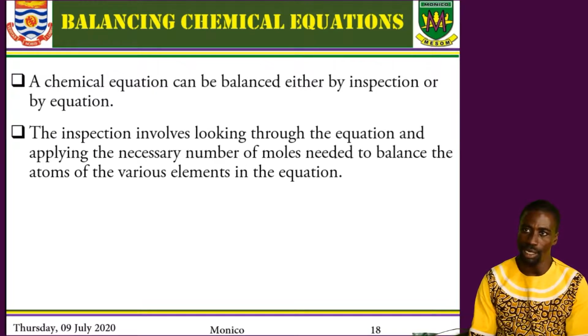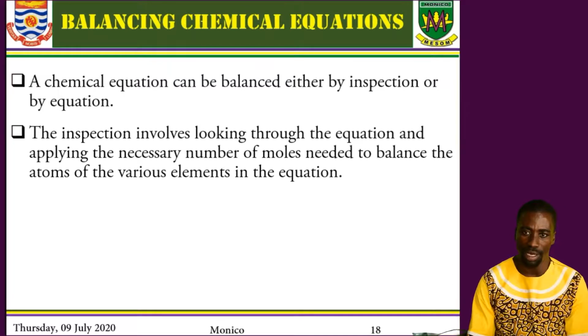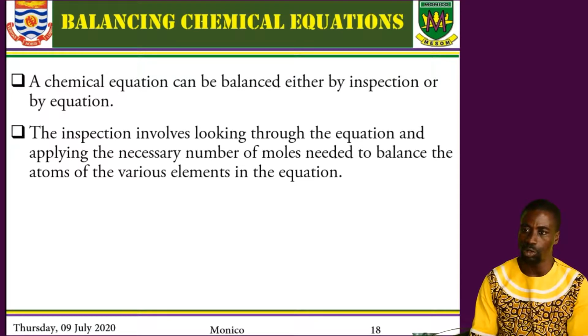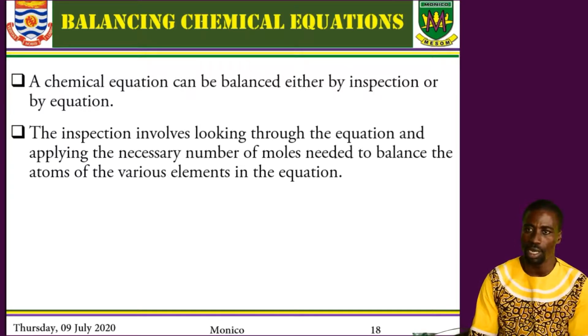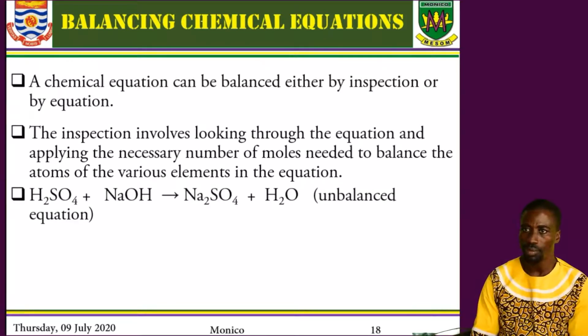It is just the coefficient that you can change, right? If you alter the subscript, you are changing the identity of the compound. So never ever change, like if you see O3 and you go and add something to it, and you make it O4, you have changed the whole compound. You only change the coefficient. Alright, so take note of that.